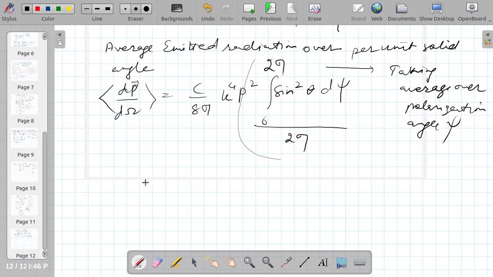And it can be expressed as C over 8 pi. We have substituted the value of K4P square, and its value is e4 over m square c4 e naught square.